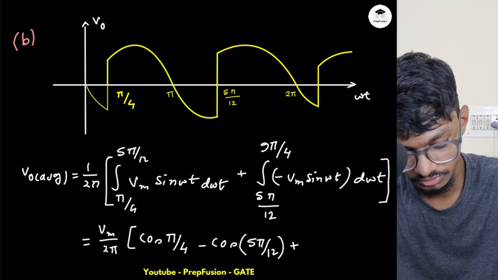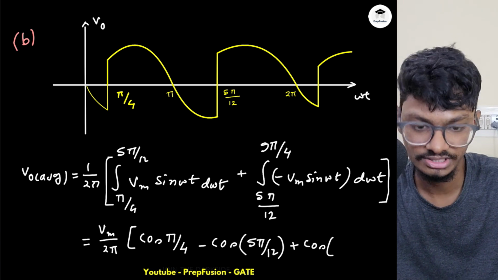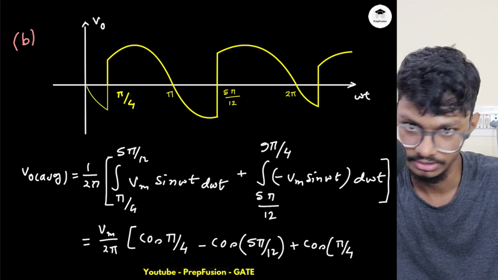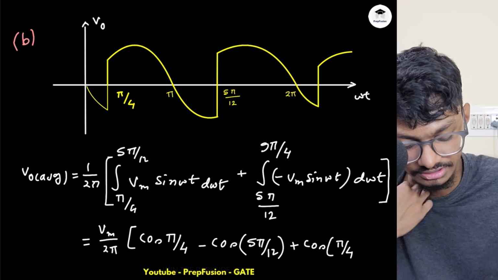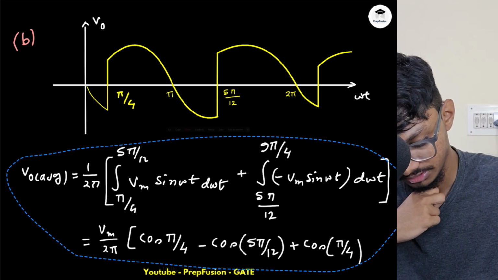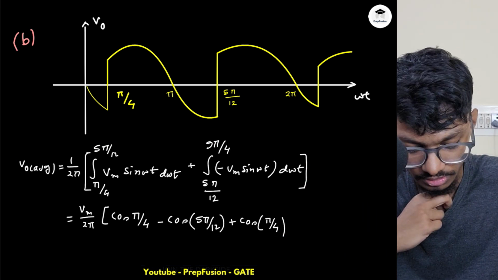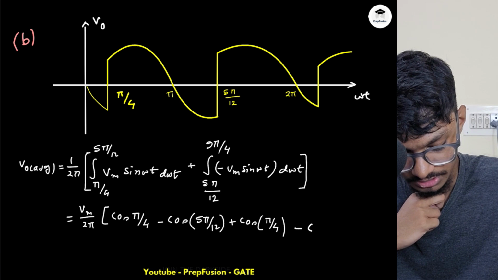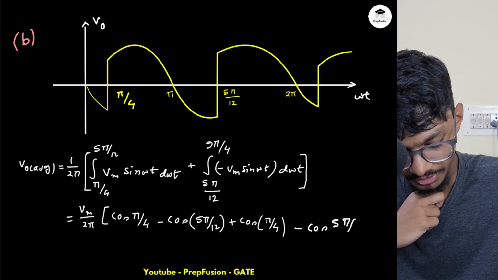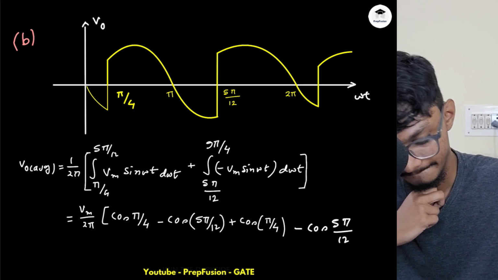So nothing will change. This will be cos 9 pi by 4, and 2 pi plus pi by 4 is basically cos pi by 4 only. If I add 2 pi to it, it doesn't change the angle. And this will be minus cos 5 pi by 12.